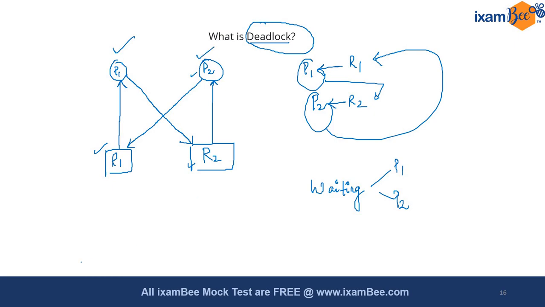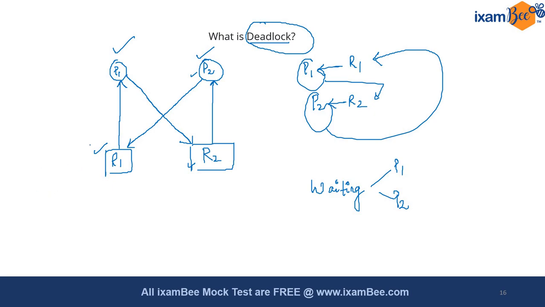So what is the definition of deadlock? If two or more processes are waiting on some event which is likely to happen but is never going to happen, then this particular condition will give us a deadlock.